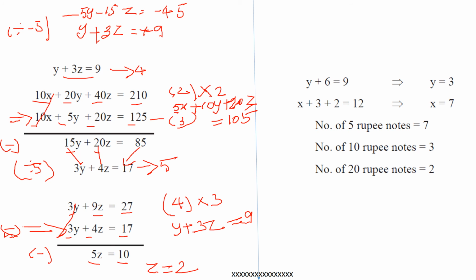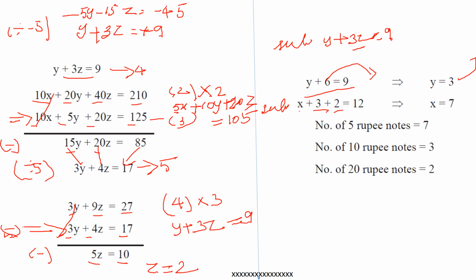So we substitute in this equation y plus 3z equal to 9. So 3 into 2, that is y plus 6 equal to 9, y equal to 9 minus 6, 3. Next x plus y plus z equal to 12. We substitute in that equation. So x plus y is 3 and z is 2 equal to 12.